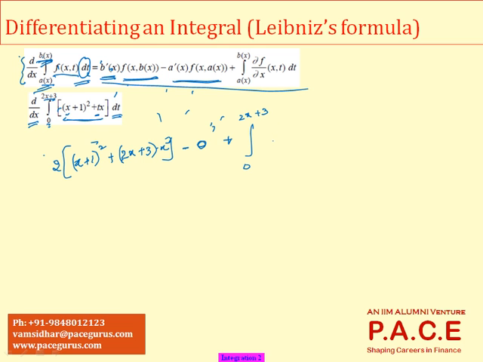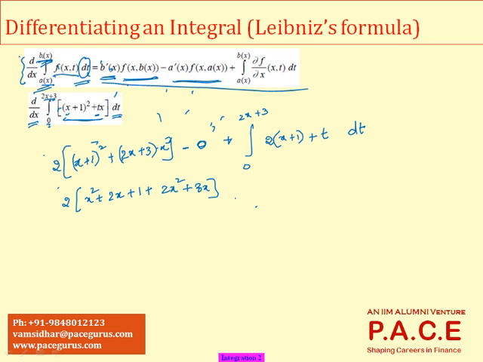Differentiate the f with respect to x, not with respect to t. So if I differentiate with respect to x, it becomes 2 into (x plus 1) dt. Now it's a matter of simplification: x squared plus 2x plus 1 plus 2x squared plus 3x.